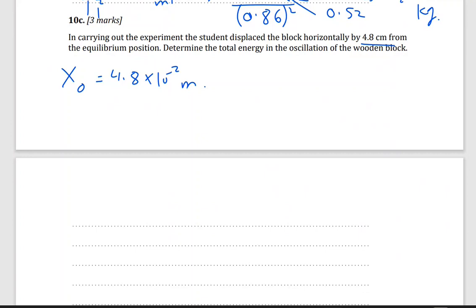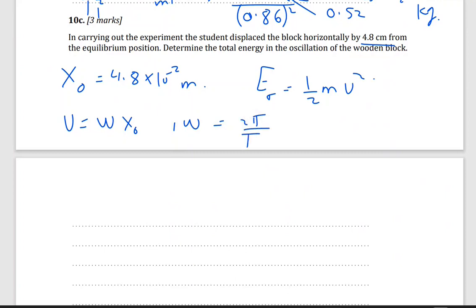Now, total energy, the formula: half m v squared. To find the velocity, v, it's omega times the displacement. How can we find omega? Omega is 2 pi divided by the period.